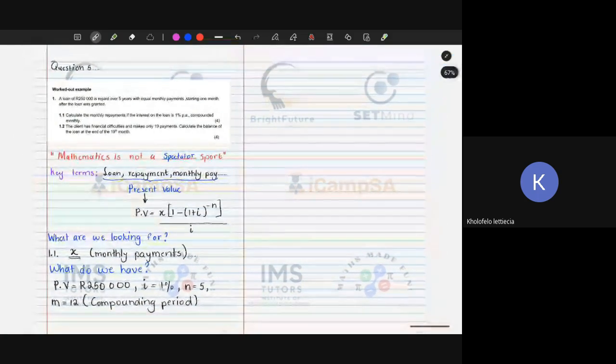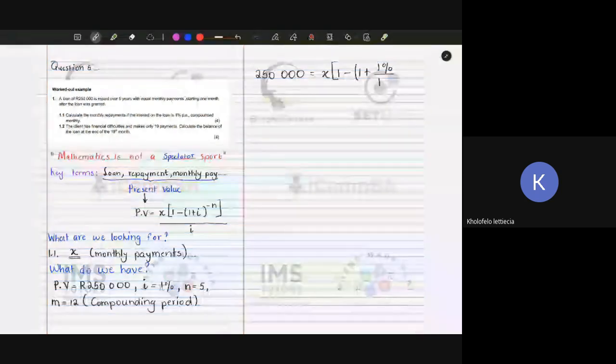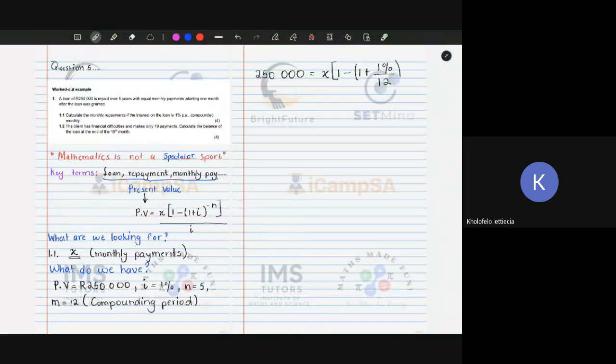So what we are going to do is to go and substitute. So we'll have 250,000 equals X into 1 minus 1 plus. So our interest, guys, we were told it's 1%, isn't it? Divided by, since our compounding period is monthly, we'll divide that by 12.